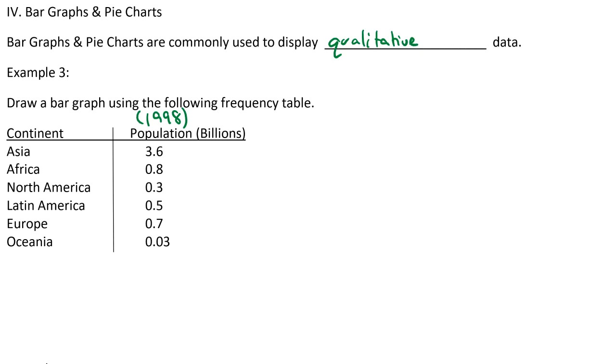So to get started, a bar graph is going to have two different axes. This is what we call the x-axis on the bottom, and going up it's what we call the y-axis.